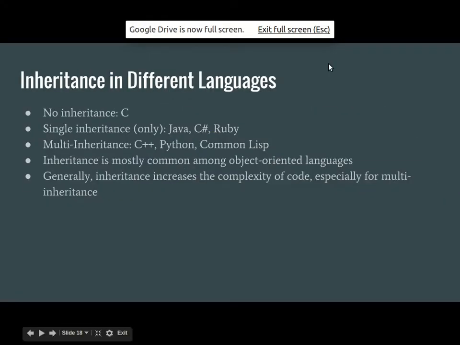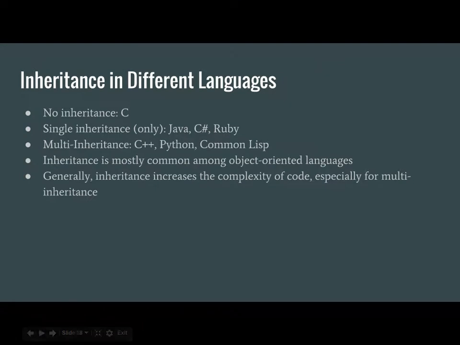Okay, so how is inheritance supported in different programming languages? Some programming languages like C do not support inheritance at all. Why is that? C was invented in like 1970-ish. That was before object-oriented technology was becoming mature.